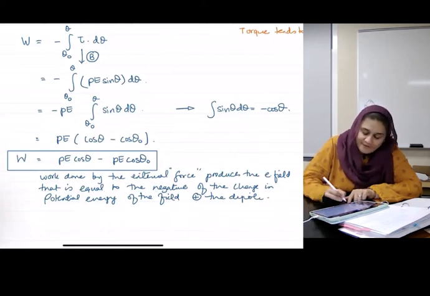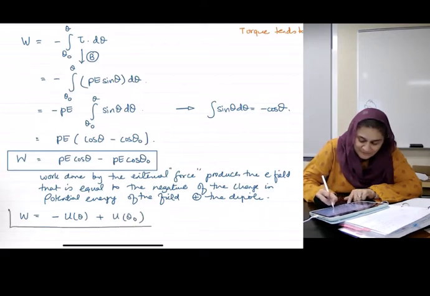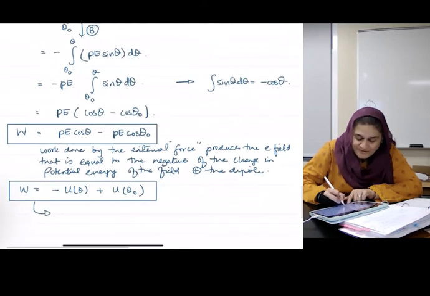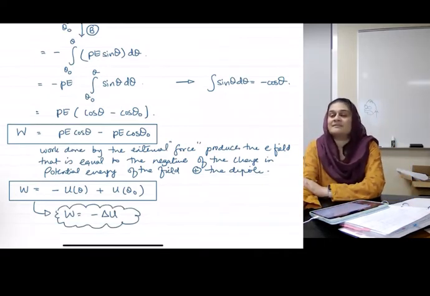In other words, I can write W as minus U of theta plus U of theta 0. Or very simply, the same equation that we have been talking about forever and a day.